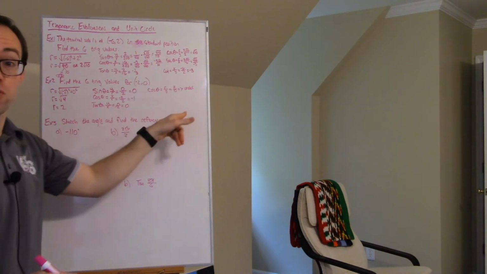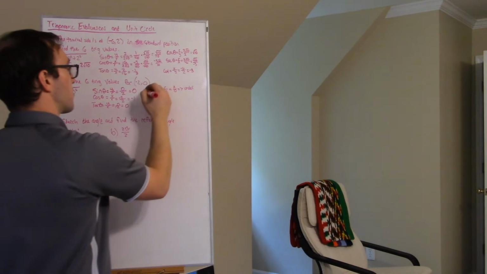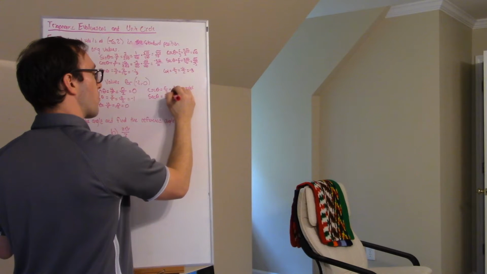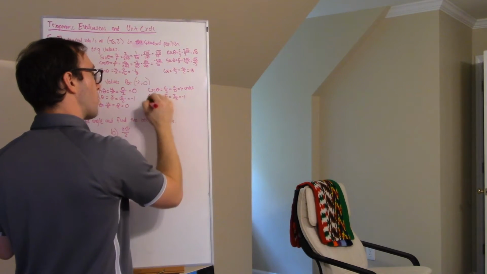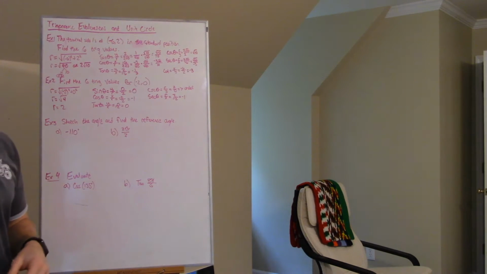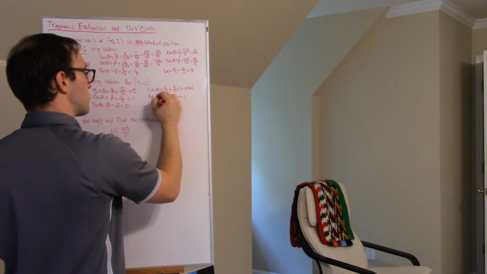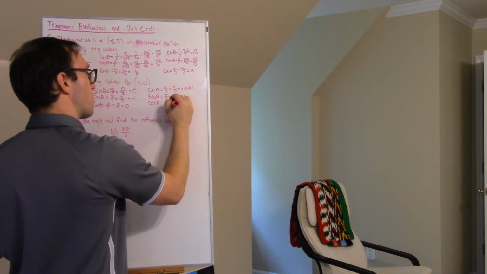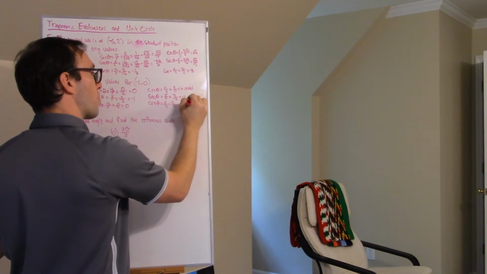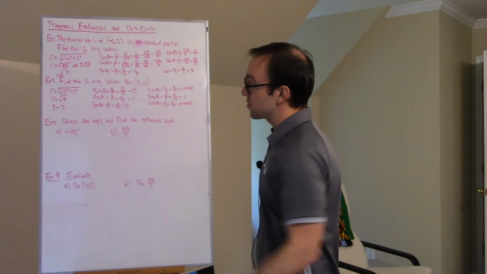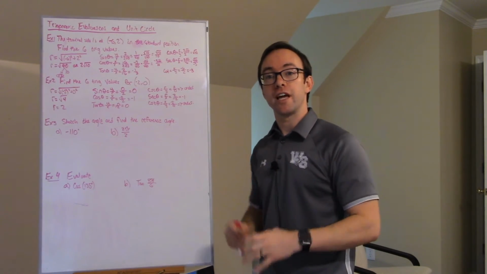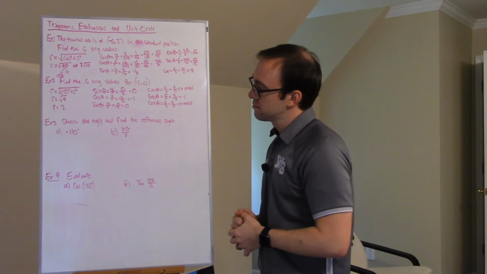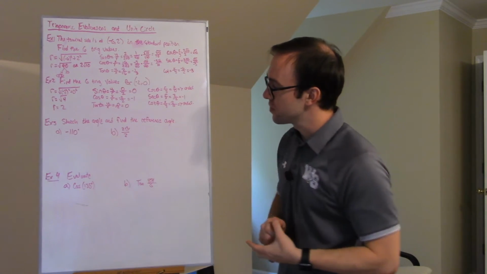The cosecant is 2 over 0, which means that it is undefined. The secant is negative 1. And then finally, the cotangent is undefined. Anytime you're given a 0 in the denominator, it is always going to be undefined. And that finishes up example number 2.